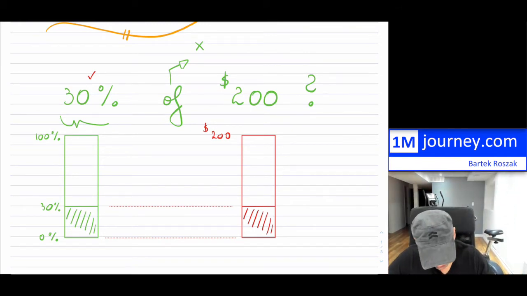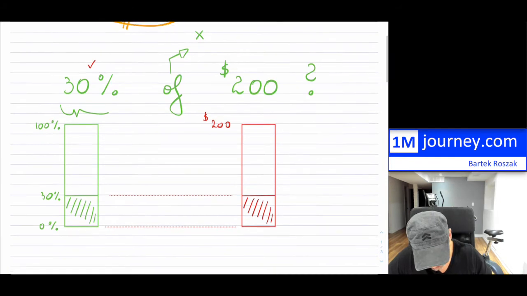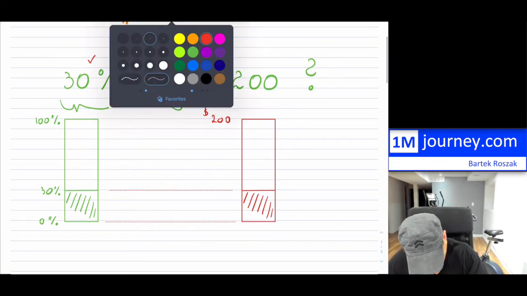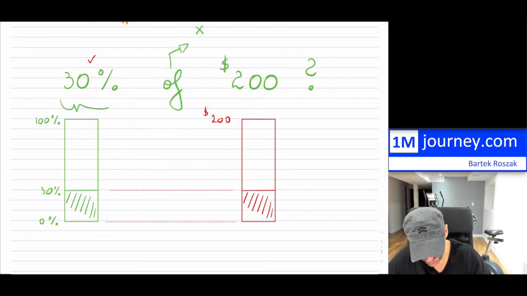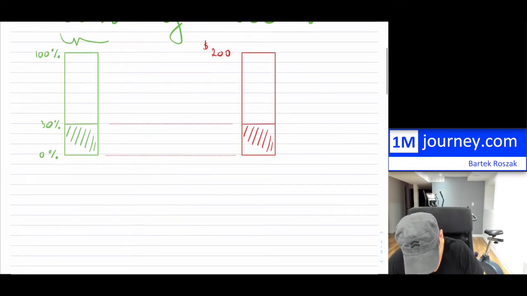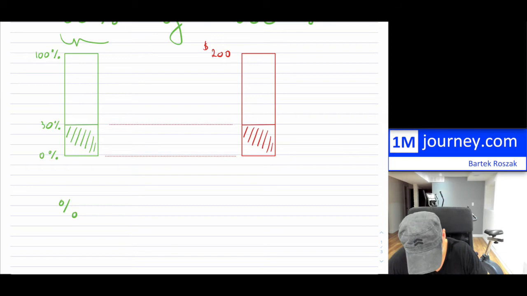Now, within here, of course, you don't have to use percents. Basically there are 3 different things that you can use. You can use percent, as we did here, so that's 30%. You can use the same thing as a fraction.